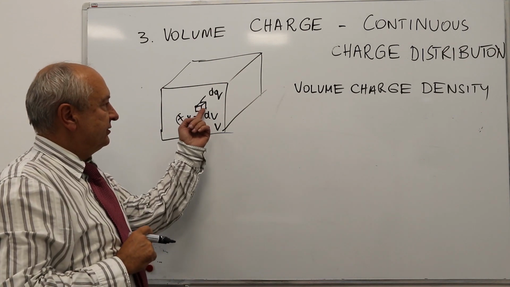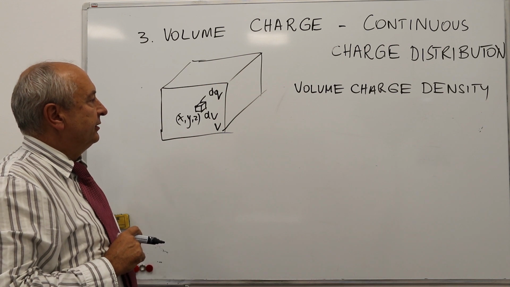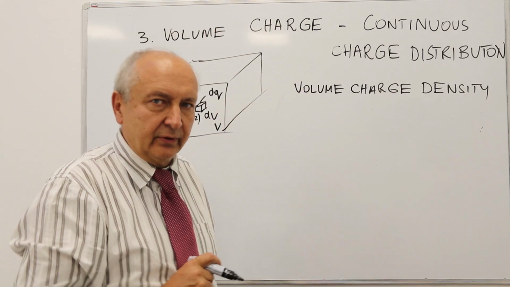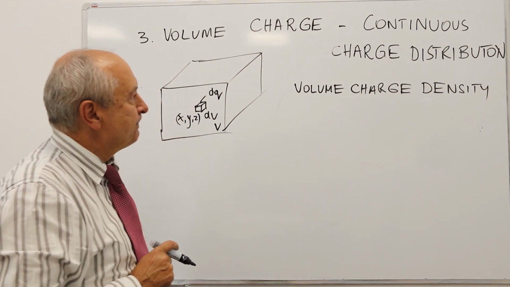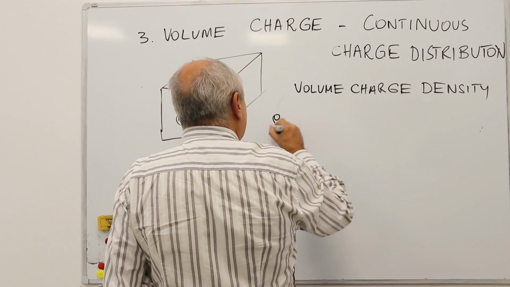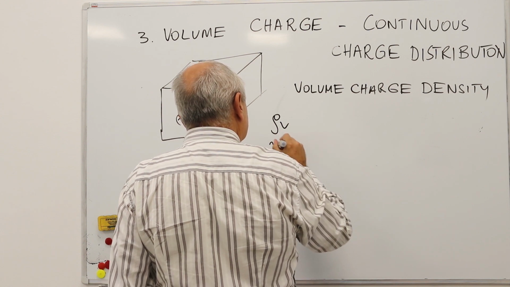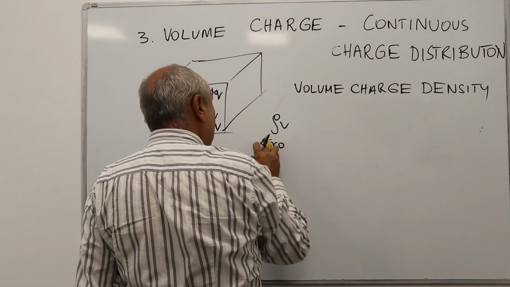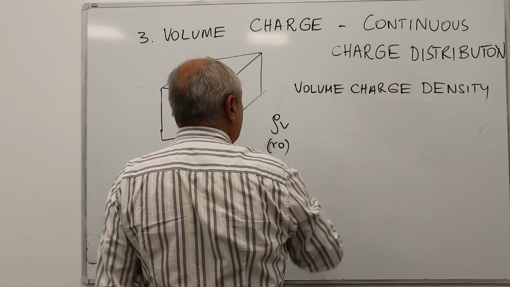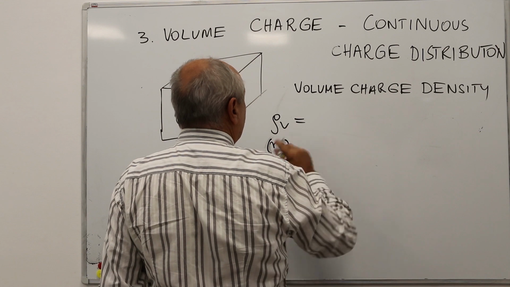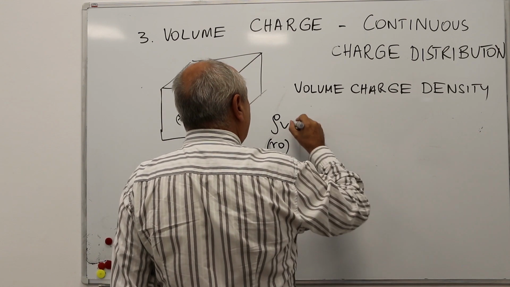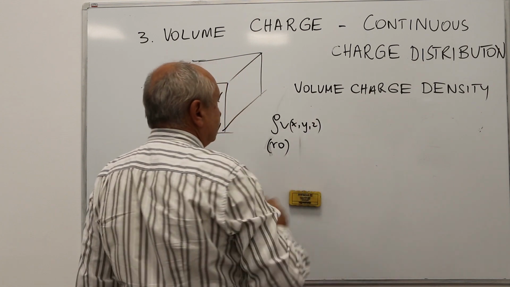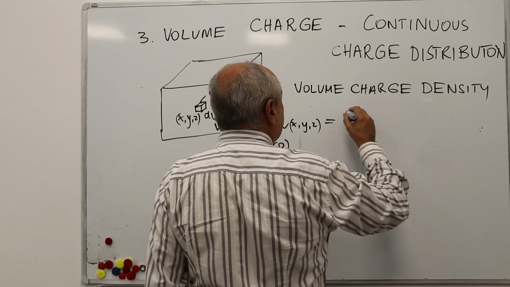We can consider this like a point because dV means a very small piece of volume. Rho v at the point x, y, z is defined like this.